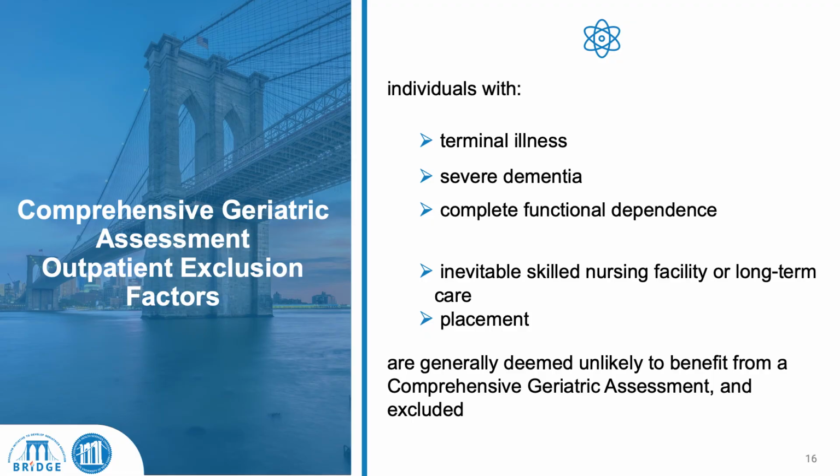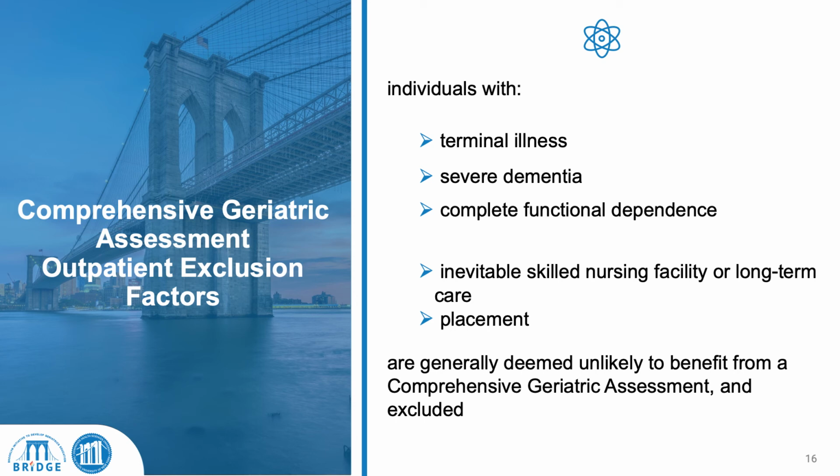The Comprehensive Geriatric Assessment outpatient exclusion factors. So we would not assess patients for a comprehensive geriatric assessment that have a terminal illness, severe dementia, a complete functional dependence, so they're not independent in their home. They may be in their home, but they have assistance and they're totally dependent on the assistance to complete their ADLs or their IADLs.